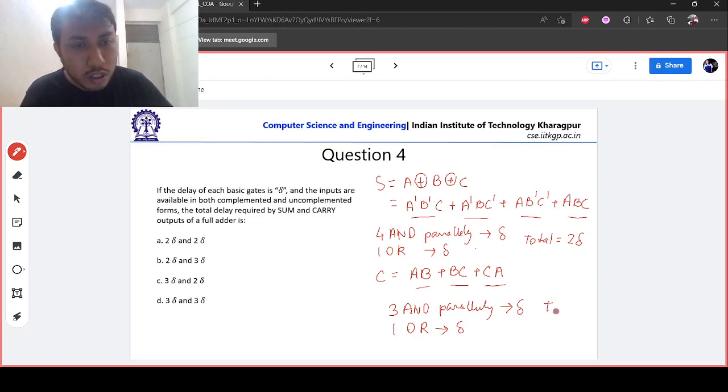So the total delay in this case is also 2 delta. So both for sum and carry, the total delay is 2 delta and 2 delta. So the correct option is A.